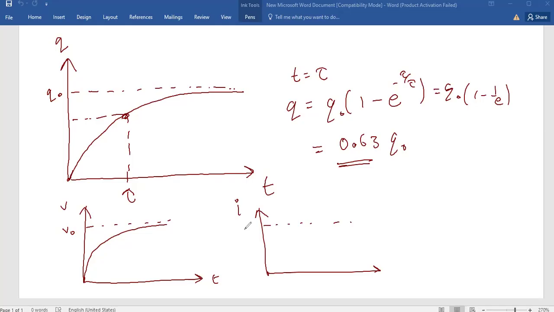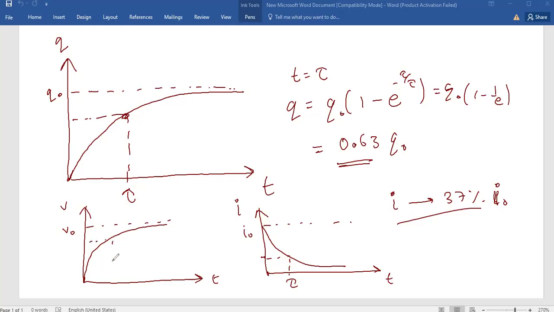It will start with I0 and go like this. In terms of current, we can define the time constant as that time during which current reduces to 37% of maximum current.